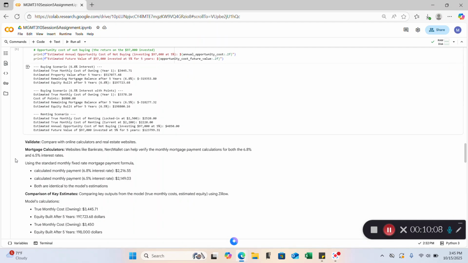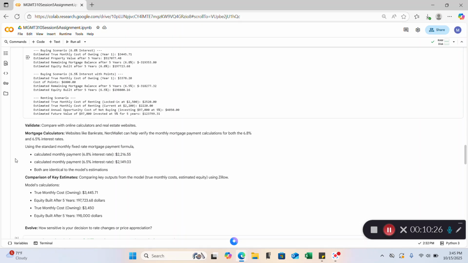So after we have all those calculations, now we can move on to our validation stage, where we compare with online calculators and real estate websites. For the mortgage calculators, I ended up using NerdWallet for this, but Bankrate is another one that can be used to verify that monthly mortgage payment for both interest rates.